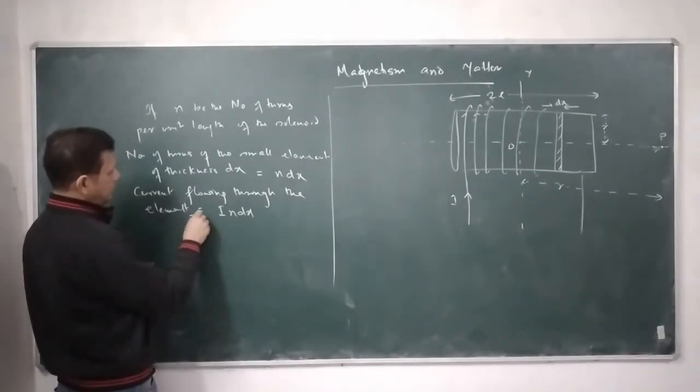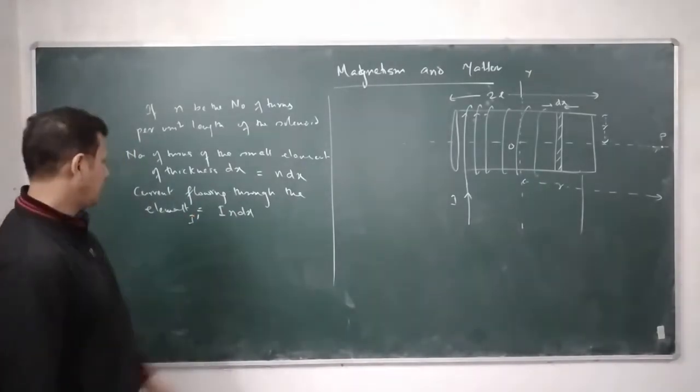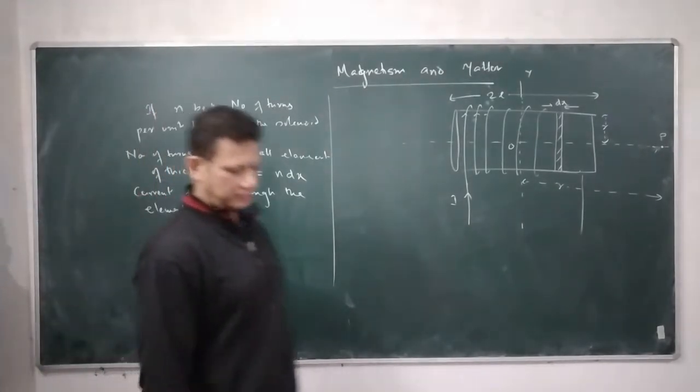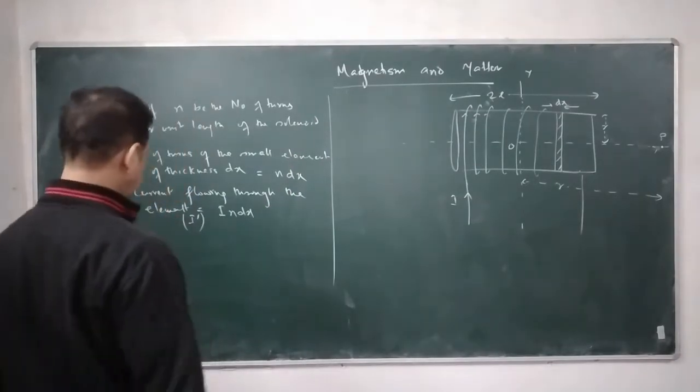Let us say that this current is I dash. That means the small current flowing through the small element is written as I dash. Okay.